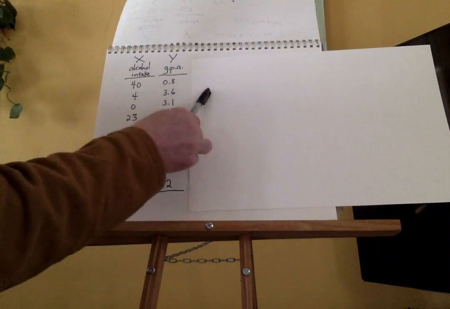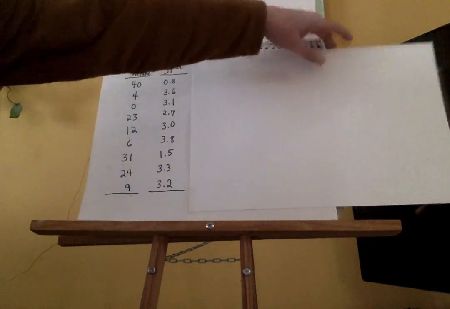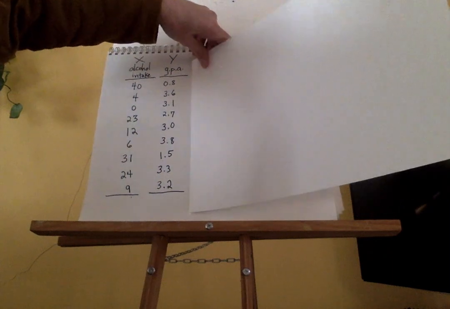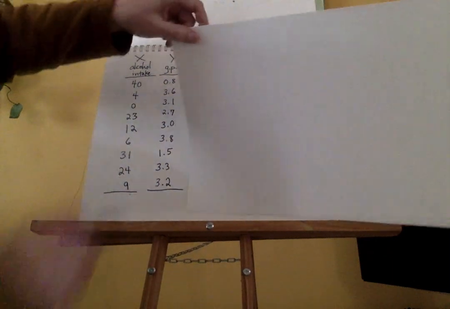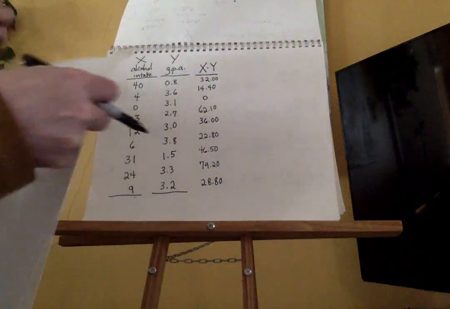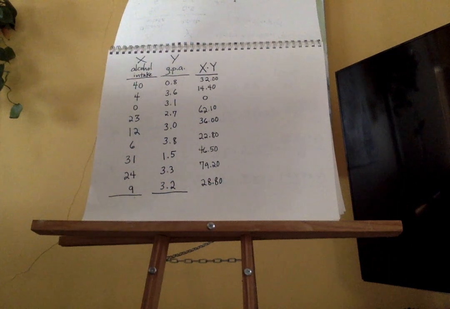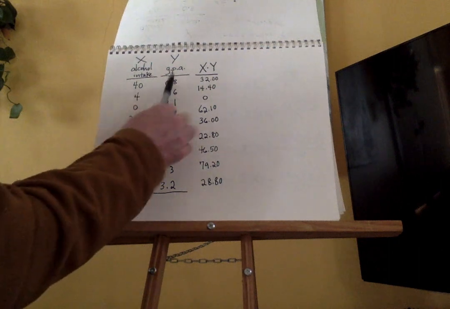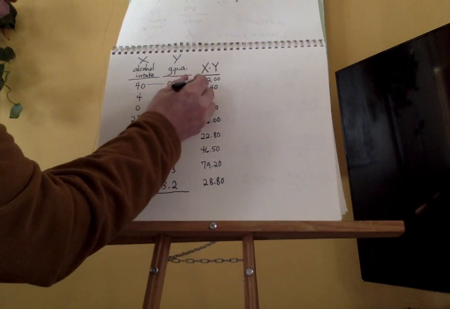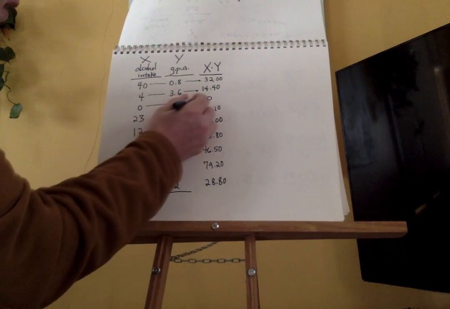X times y, we'll get that value. X times y, we'll get that value, okay? And so what we have now, and I'm going to give you guys a minute, you should probably do this yourself, so why don't you pause the video and go through and do your x times y's, okay?